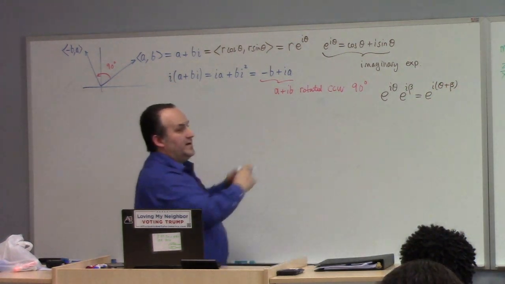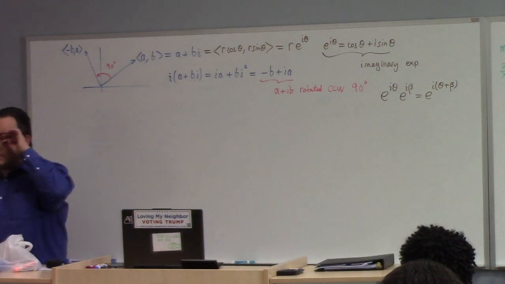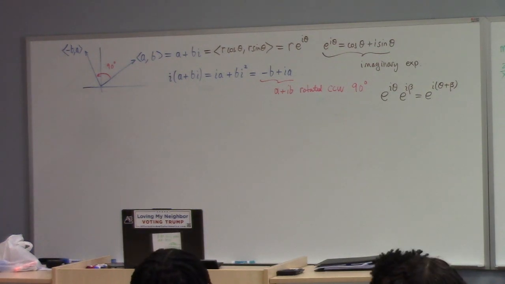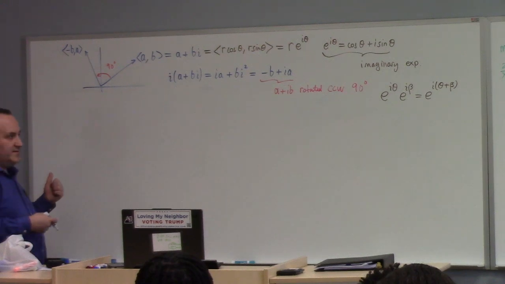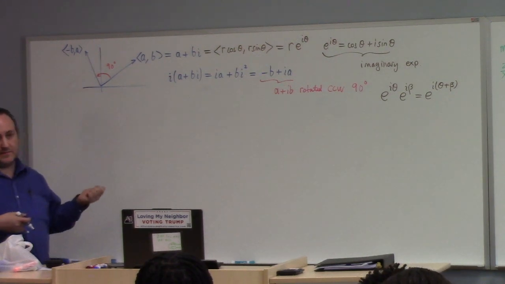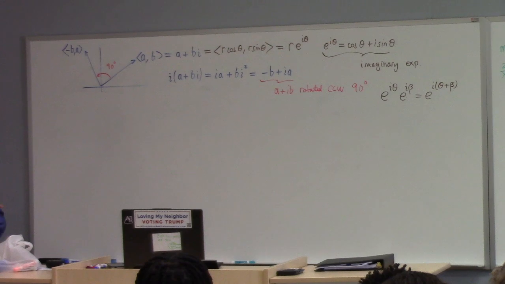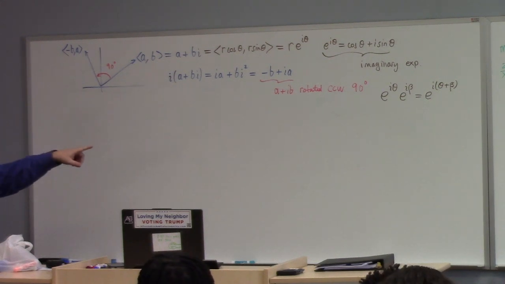Implicit within that single complex equation are both the adding angles formula for sine and the adding angles formula for cosine. Namely that sine of theta plus beta is sine theta cosine beta plus sine beta cosine theta, and also that cosine of theta plus beta is cosine theta cosine beta minus sine theta sine beta. Both of those identities are wrapped into that single imaginary exponential formula.